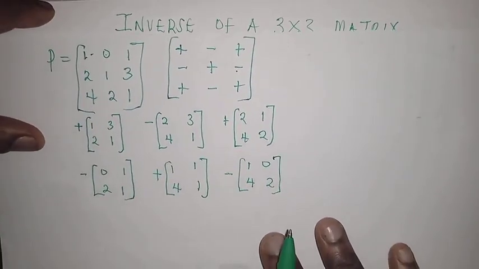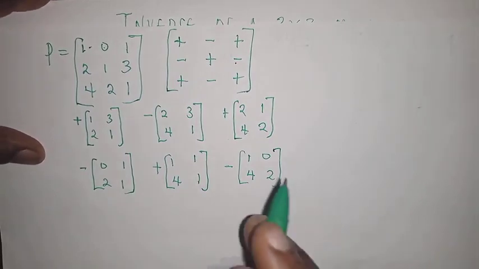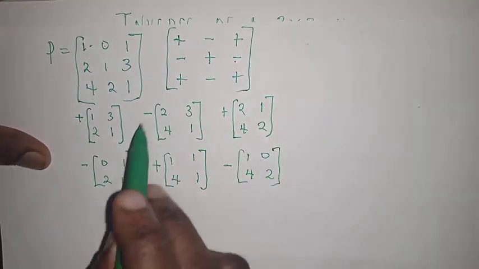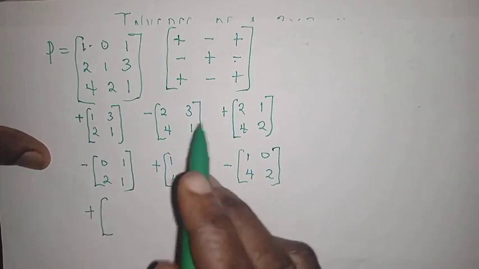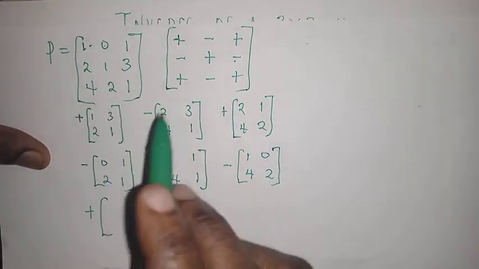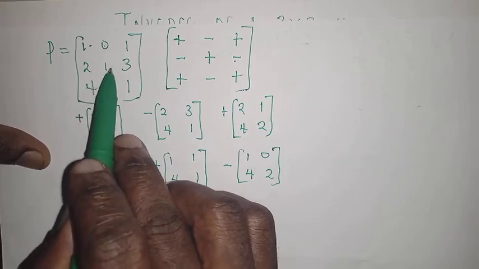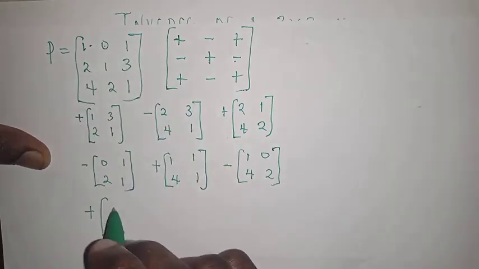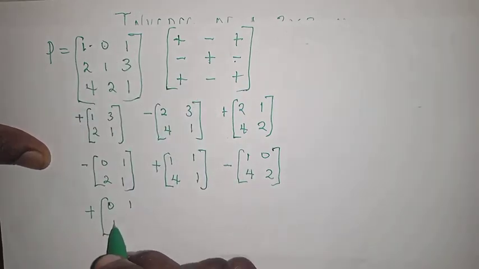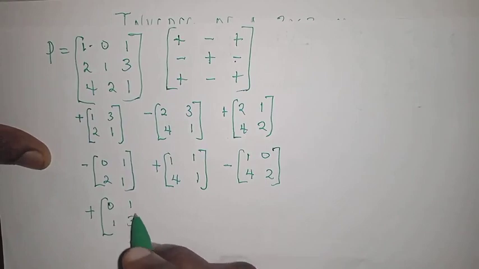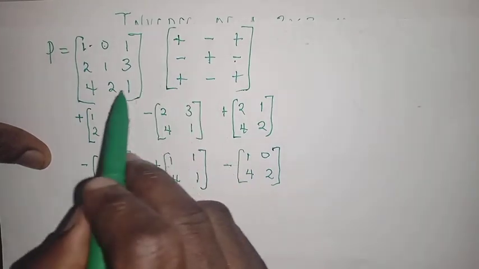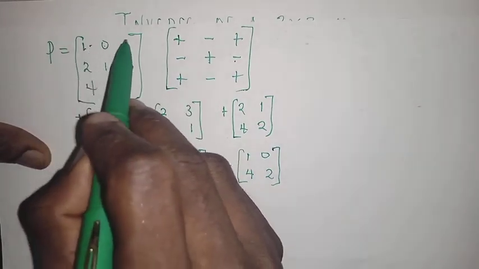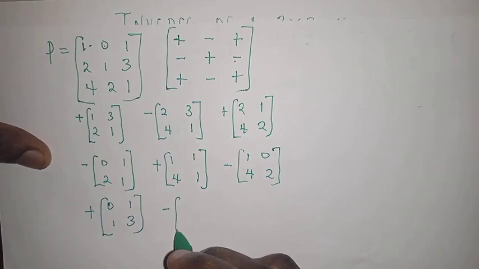Then for this, we're picking 0, 1, 1, 3. While for this, minus this, we're picking 1, 1, 2, 3.